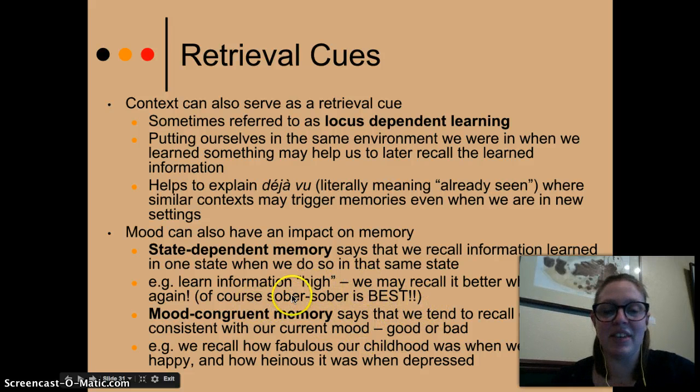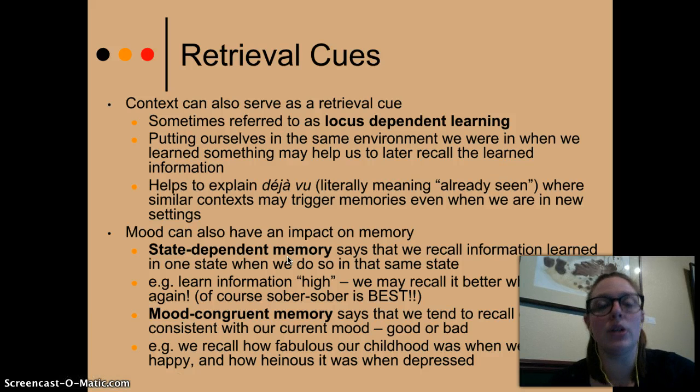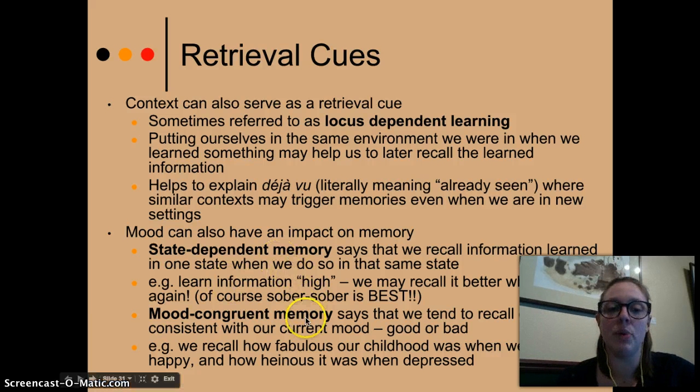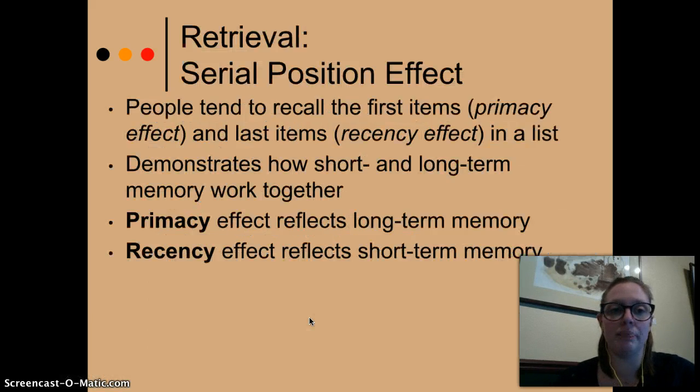As this example is showing you here. If you read a book while you're running on a treadmill, you may be able to recall that information from the book better when you're running on the treadmill. This is a better example for state dependent. And then there's mood congruent memory, which is more about your happiness. If you come to my classroom happy every day, then make sure you're happy on test day because you're more likely to remember it.